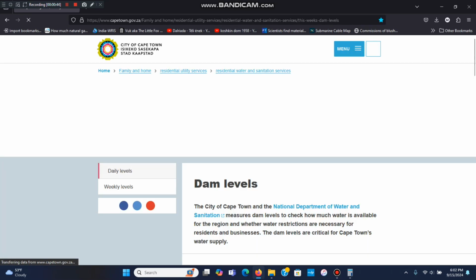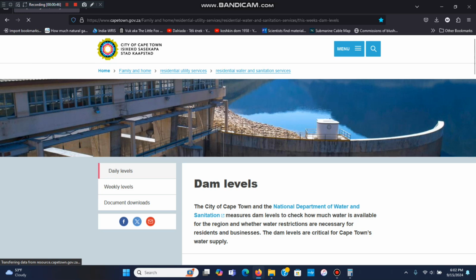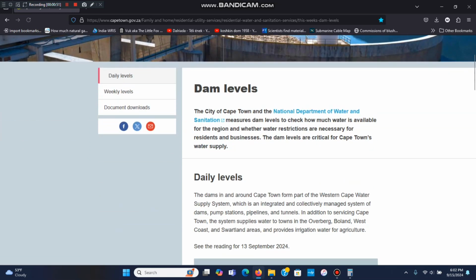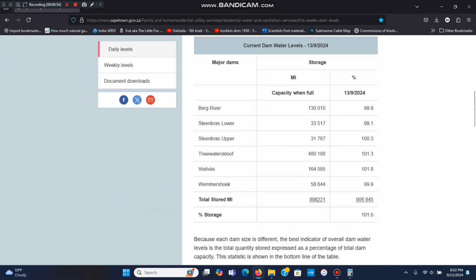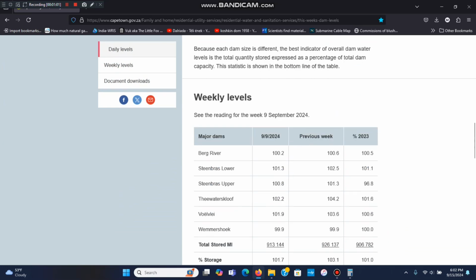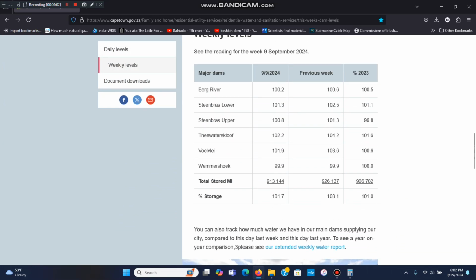If not, I have a direct link. Here we go. Well, there's the bookmark anyways. Don't forget, obviously, to bookmark all of these things. But it should take you here, and you will see individual reservoirs. You'll see the total percent storage full and the date, and then you'll see comparisons to the previous year, this week of the previous year.